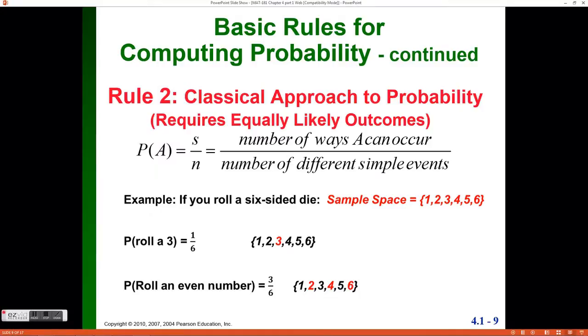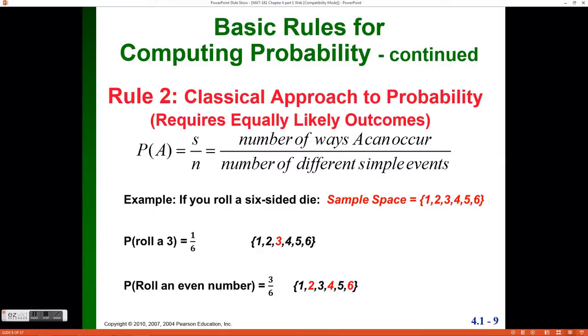If I wanted to compute the probability I would roll an even number, I would need to gather all the simple events favorable to that event, which would be 2, 4, and 6. There's 3 of them, so the probability I would roll an even number would be 3 out of 6.